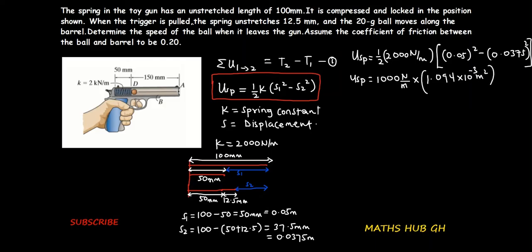This meter will cancel out the squared here. So you're going to have work done by the spring equal to 1000 times 1.094 times 10 to the power minus 3. Then this will be 1.094 Newton meter. This will be the work done by the spring force.